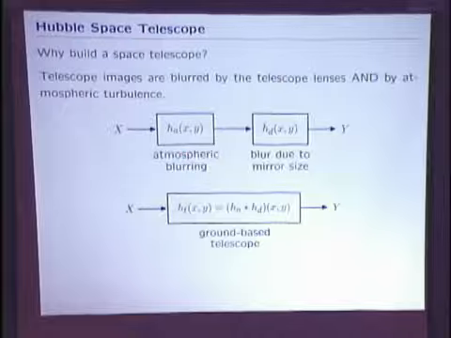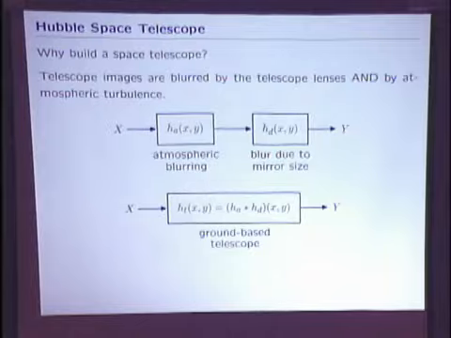And it turns out, pretty easy to show, that the combined effect of the atmosphere and the lenses is the convolution of the individual parts. You can think about atmospheric blurring as convolving with the atmosphere's point spread function, and you can think of the blurring due to the optics as convolving with a blurring function due to optics.